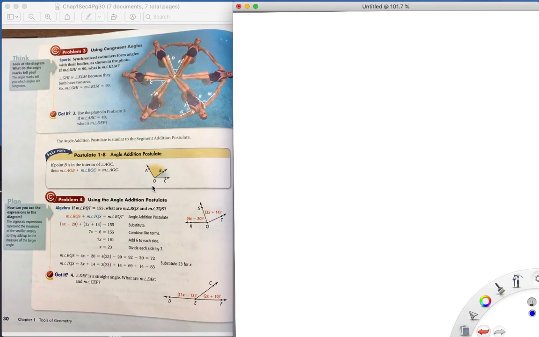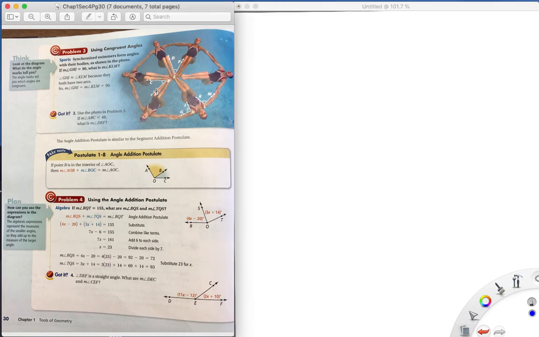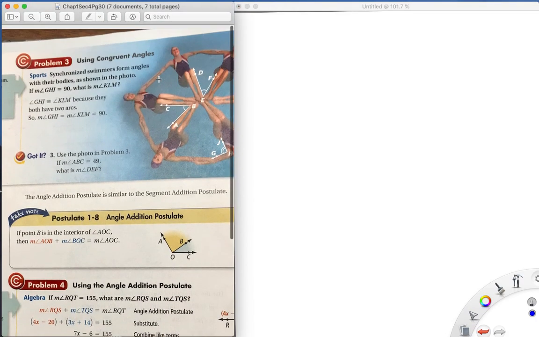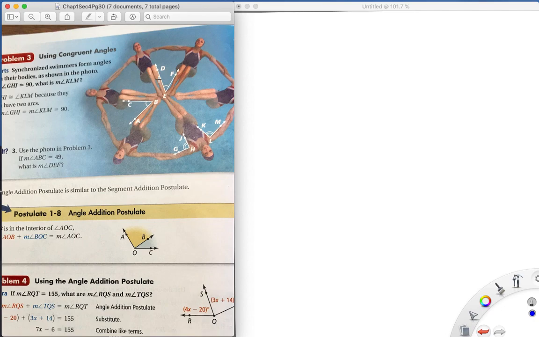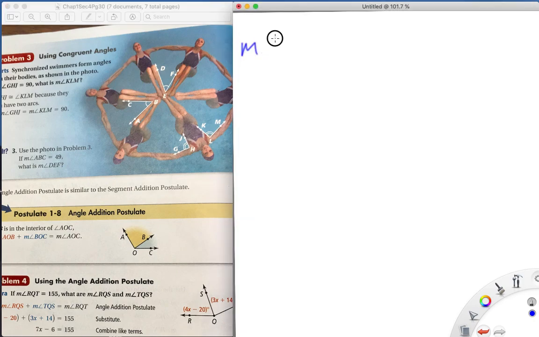Alright, so let's use a photo in problem 3. The measure of angle ABC is 49 degrees. What is the measure of DEF? Alright, so I have ABC over here, and I'm told that ABC equals 49 degrees. They want to know what DEF is. So notice that DEF has one tick here.